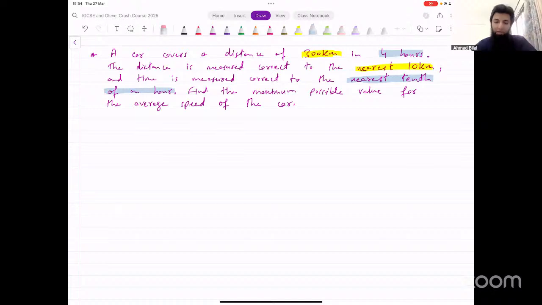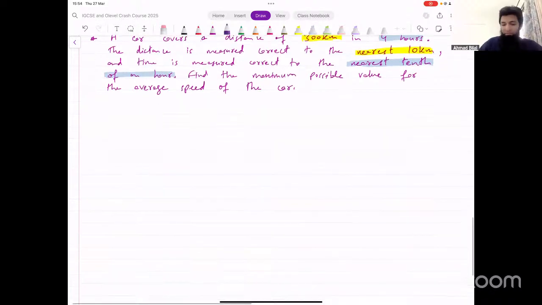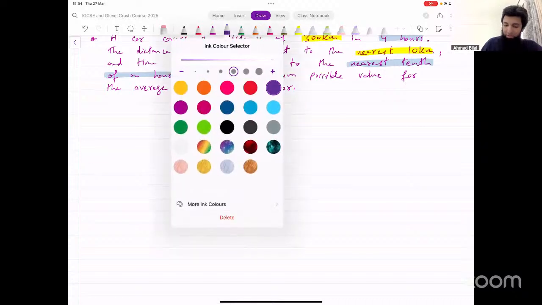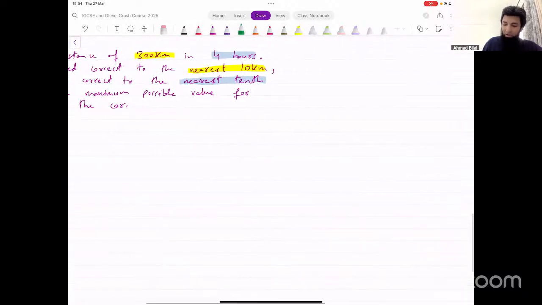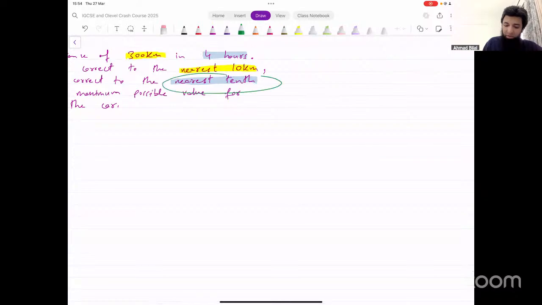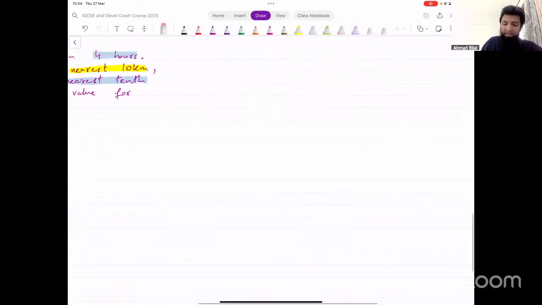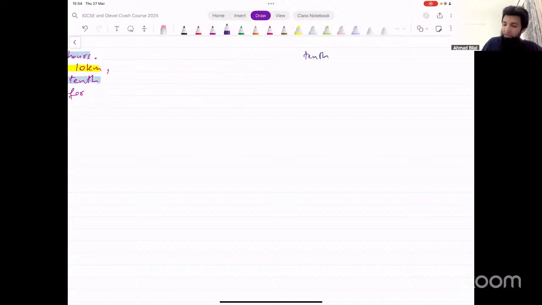Now, these are some terminologies that are important to remember. It says nearest tenth. Now, what exactly does that mean? Tenth means 1 over 10, which is 0.1. So, 10 means 10, right? 10th means 1 over 10.